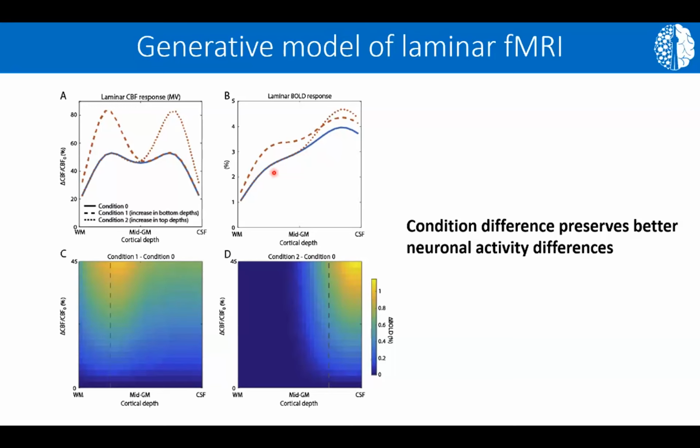But if you look at the difference between the blue one and the large dashed red one, actually the biggest difference is approximately at the layer where we are seeing it, which means if you find tasks where the two conditions are very similar in the activation profiles, for example, they activate in the same way in a feed-forward way, but then you have attention modulation. So you add activation only in one layer without changing the activation in other layers, condition difference might not be a bad way to go.